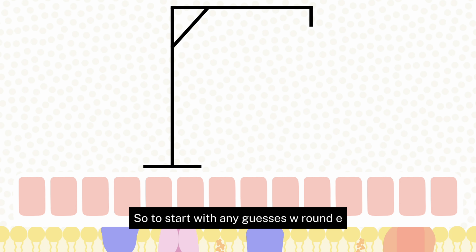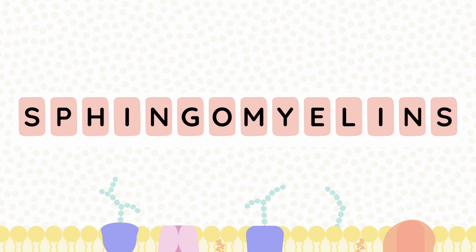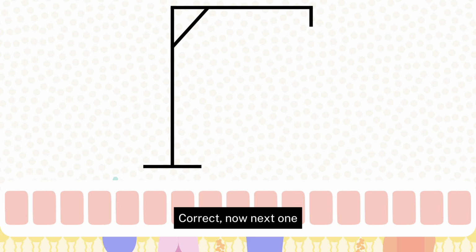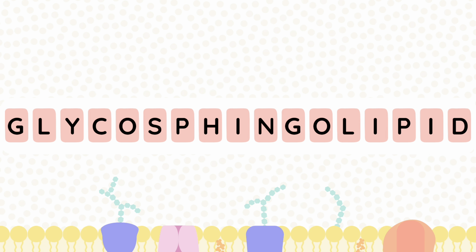So to start with, any guesses? W. Wrong. E. I. O. S. Sphingomyelins. Correct. Now next one. A. S. I. O. Glycosphingolipids.